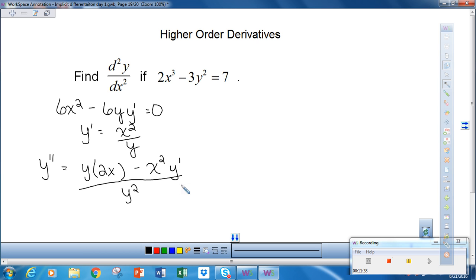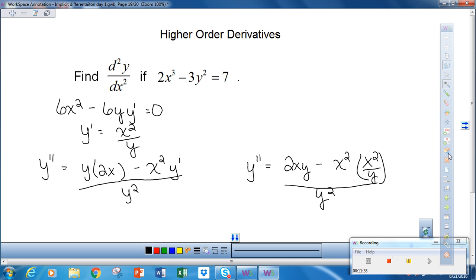What we see here is that we have y prime in our answer, and we don't want y prime in our answer, so we go back to the fact that y prime is x squared over y. So I substitute x squared over y for y prime. So I get y double prime is equal to 2xy minus x squared times x squared over y, all over y squared. And of course you can simplify that if you like.